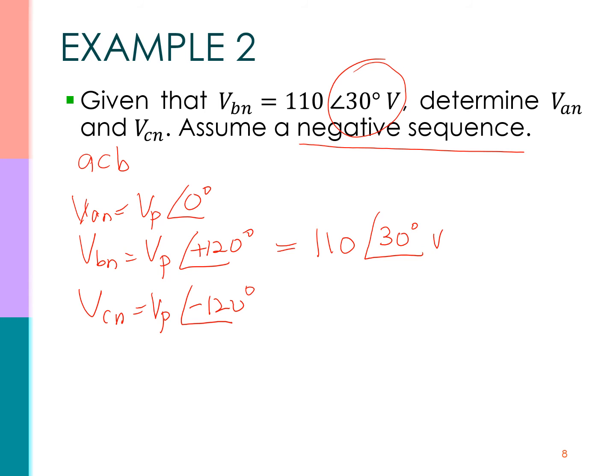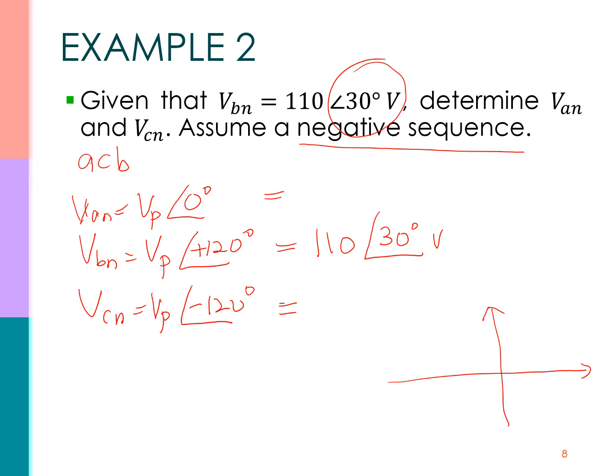the angle difference between B and A is plus 120, and the difference between B and C is also 120 degree. Okay, we can draw a phasor diagram first.